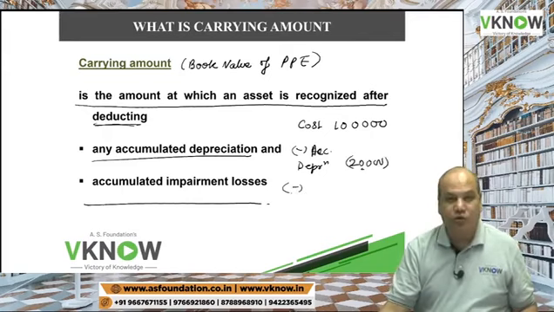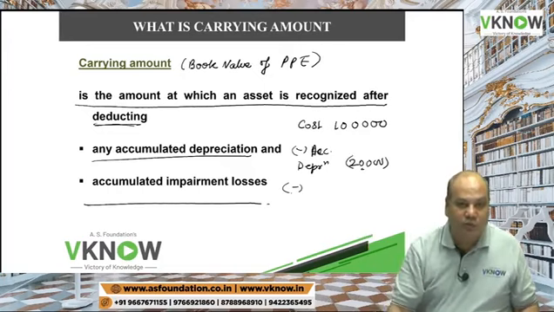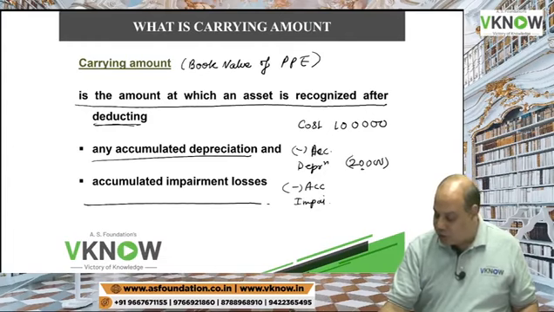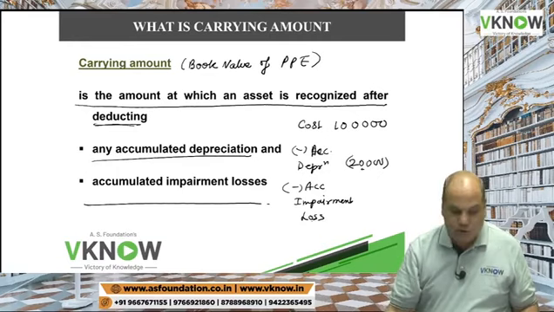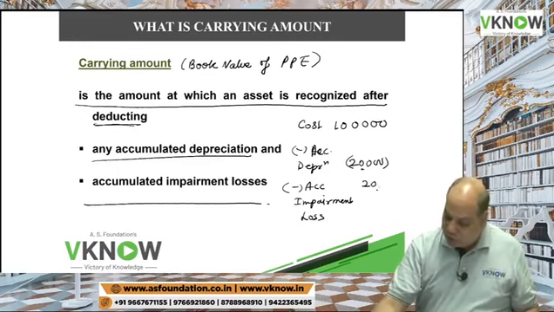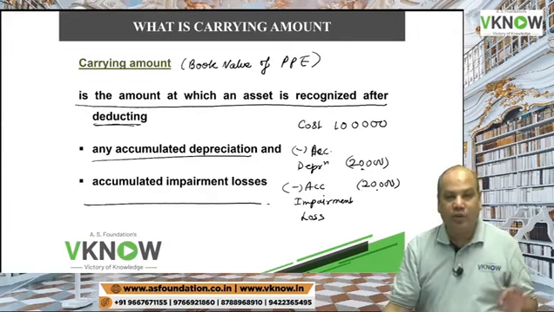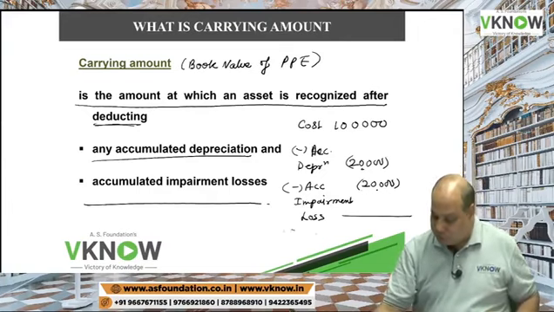And later, because the value of the asset has gone down, I have reduced the value. The reduction in the value is called impairment loss. Let us assume the accumulated impairment loss is 20,000.